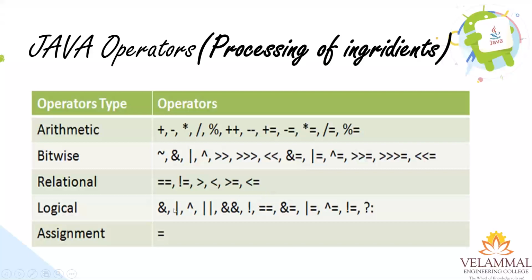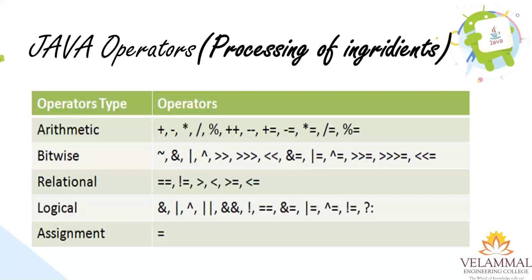So logical operators. Logical operators are used to club one or more relational values. For example, you would have already studied logical gates in your 11th standard, so it will be easy to relate to. You will be studying something called a truth table, where you will be taking two values such as a and b, and 0 and 0 will be 0, 0 and 1 will be 0, 1 and 0 will be 0, 1 and 1 will be 1, right?